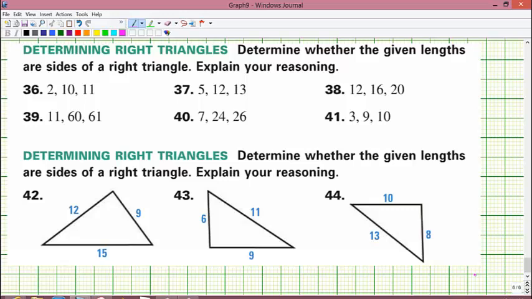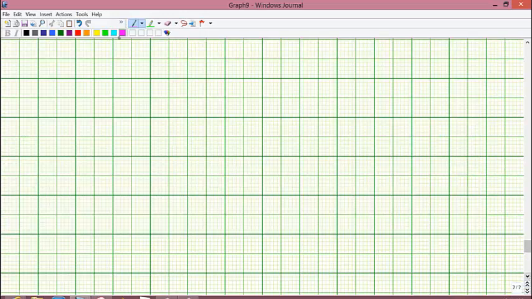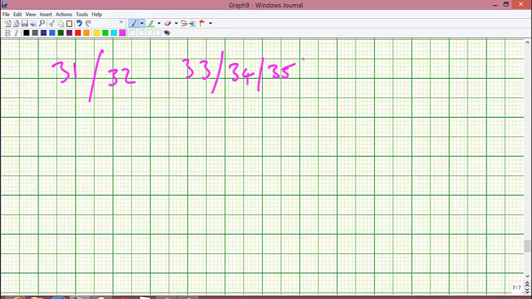Okay, that's pretty much it for this unit. There are quite a few word problems a little bit further up that same page, which you could try. So I would suggest questions 31 and 32, then 33, 34, and 35.